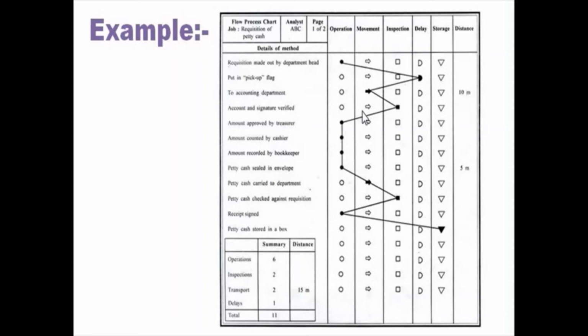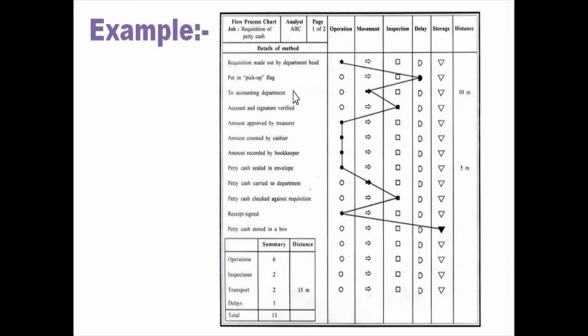Below that, in the particular column, the symbols which represent that activity are given: a circle represents operation, an arrow represents movement, a square represents inspection, D represents delay, and an equilateral triangle represents storage. At the left hand side, the details of the activities are given. Even the distance is given at the right side.